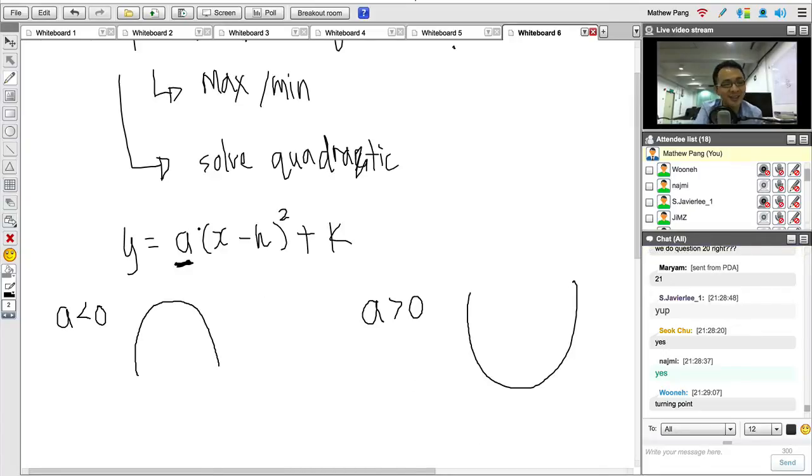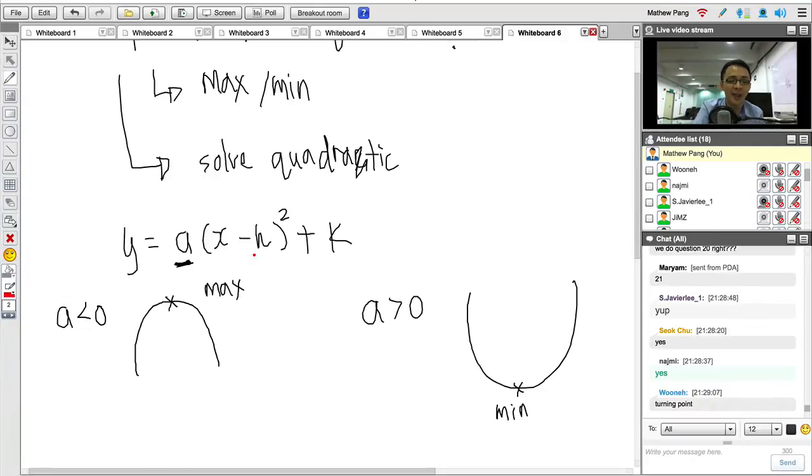So a plays a very important role here. If a is negative, you will get a maximum point. If a is positive, you will get a minimum point. Remember this first.